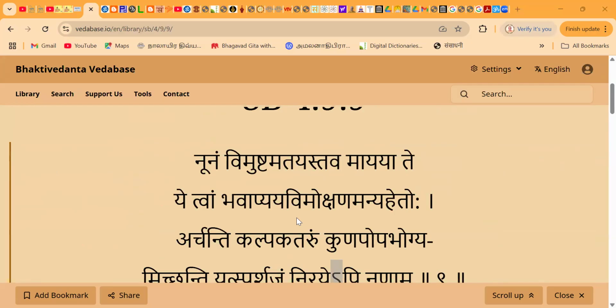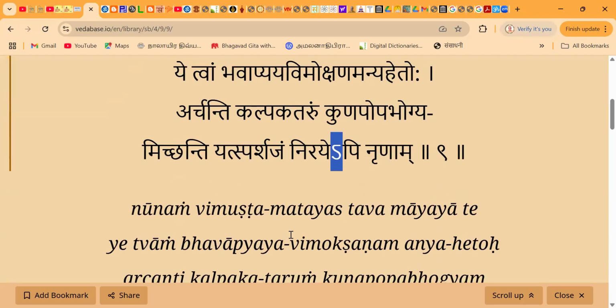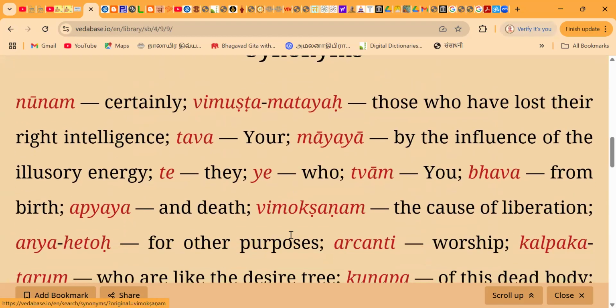But those who worship you, who are the giver of liberation from the cycle of birth and death, for anya heto, for the sake of other insignificant reasons, for other purposes, as if you are a kalpakatarum, a material desire tree who can fulfill all material desires.